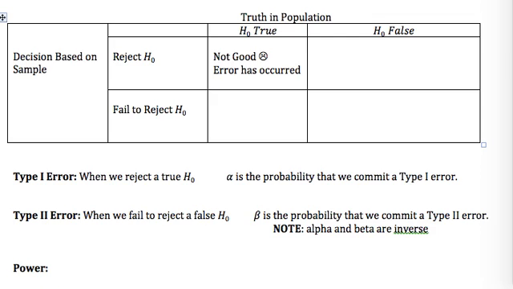Which type? Type 1. This is type 1. If H sub O is in fact false and I reject it, is that good or not good? Yay. I'm happy. I've made the correct decision.